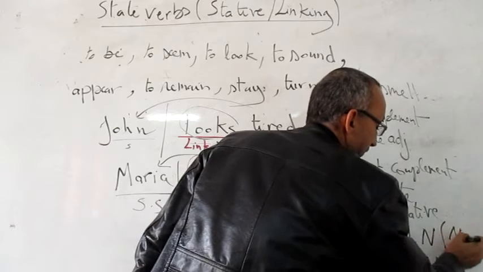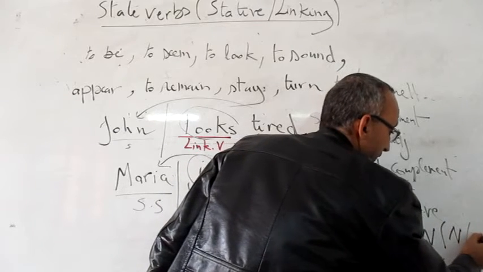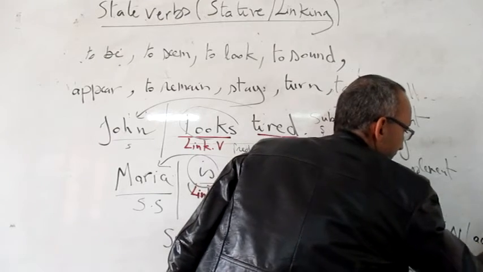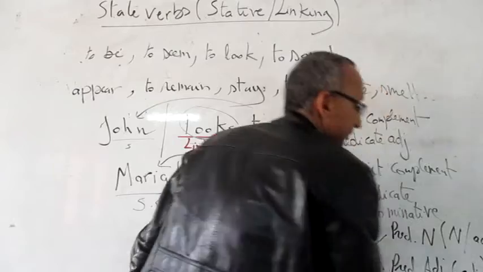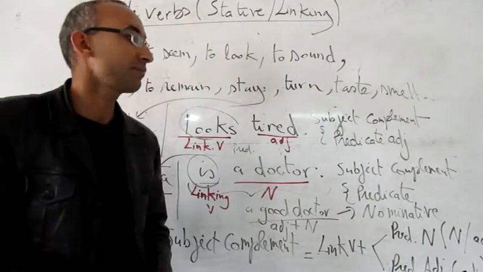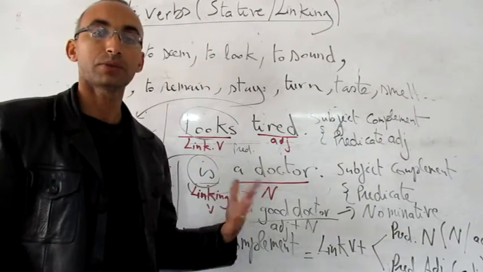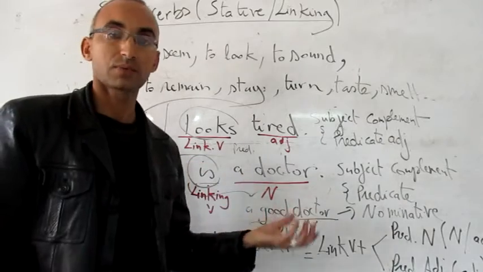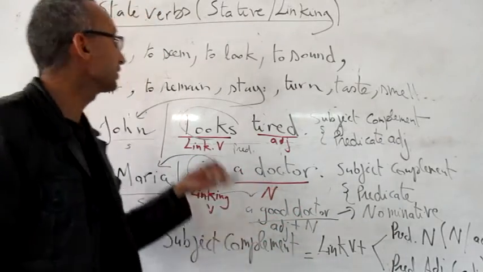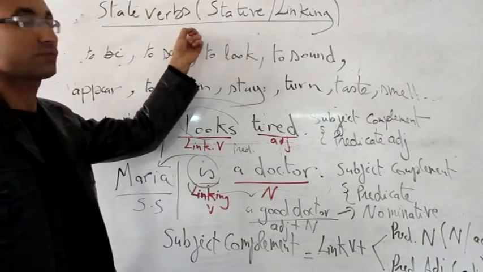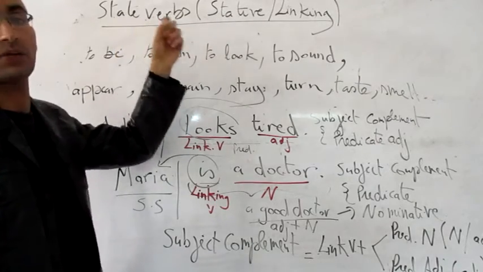Here as a noun or adj plus noun. And here always only adjective. And like this, we have finished our fourth type of complements, which depends on what? The existence or the use of stated verbs or linking verbs.